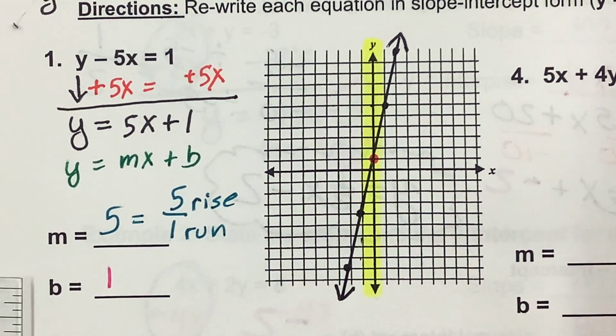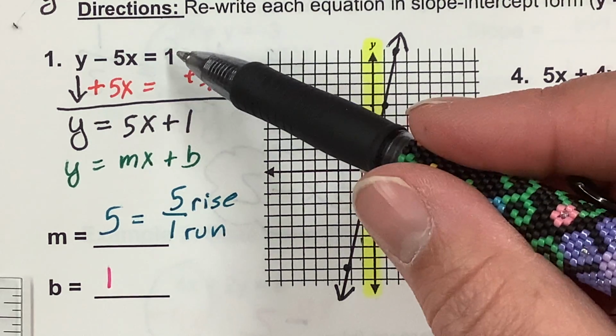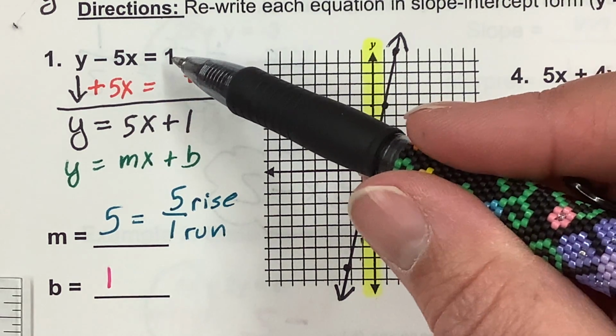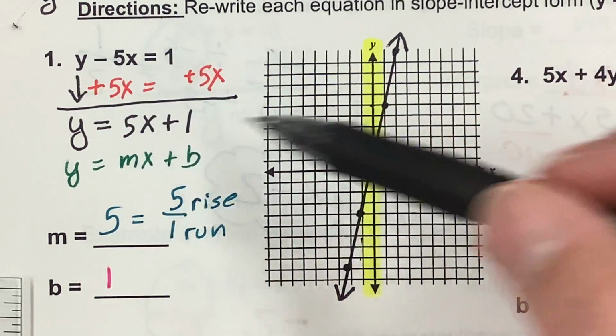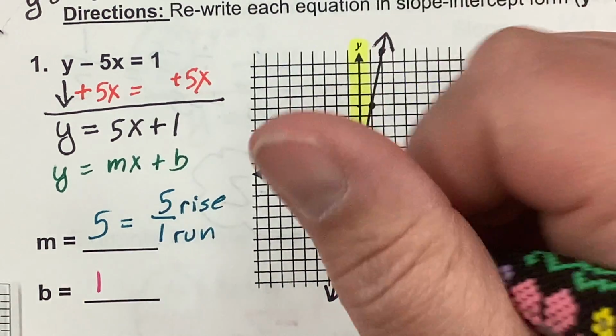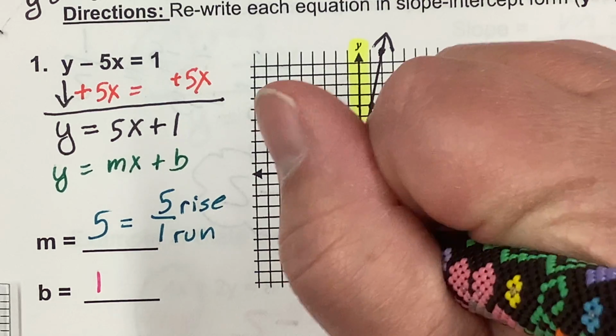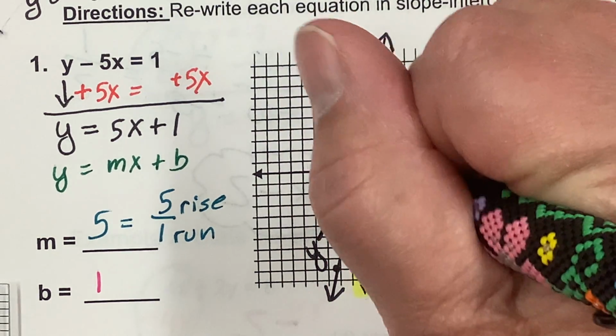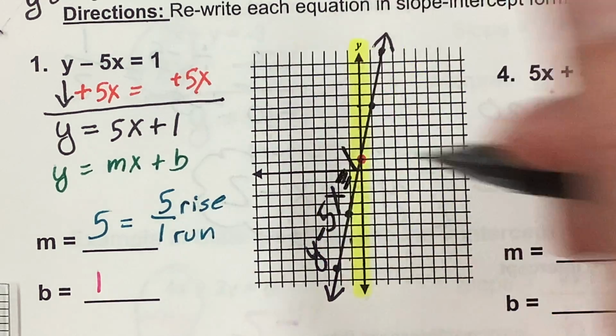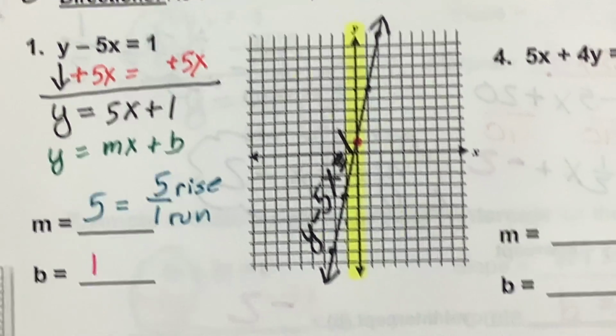And now you have to write the correct equation. What's the correct equation? This equation, y minus 5x equals 1. Because that's the original equation that they gave me. That's what's going to go on the line. Y minus 5x equals 1. Make your equal sign look like an equal. So there we go. So let's try the next one.